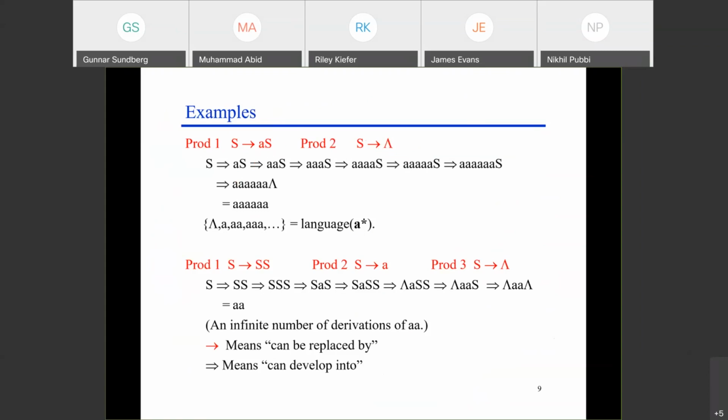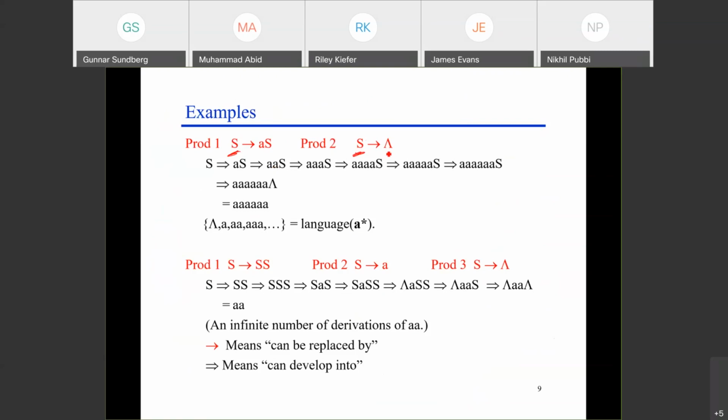So now we have this grammar, which has two production rules. Another big identity of non-terminals: you will never see any terminal on the left side of the production rule. If you see this, what does it mean? S can be replaced by AS. S can be replaced by lambda.